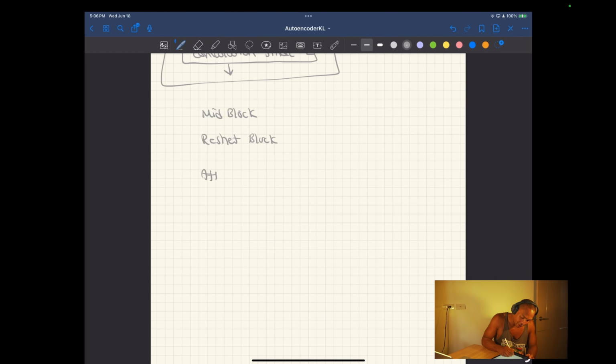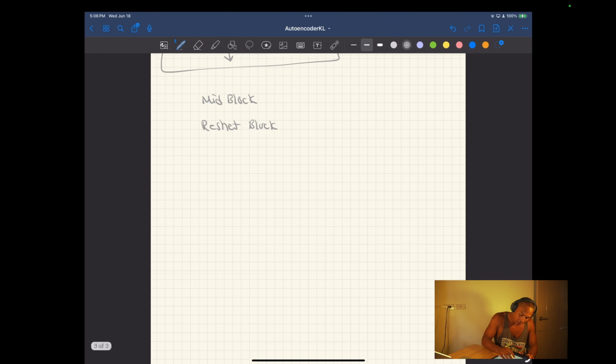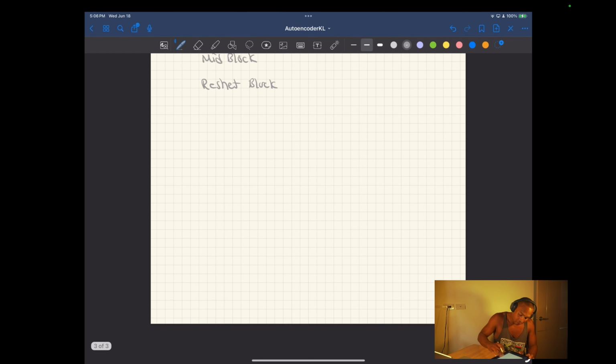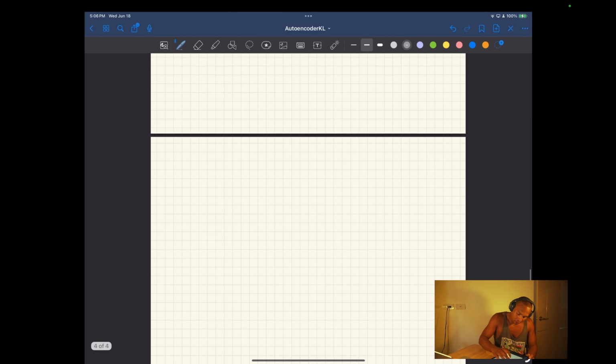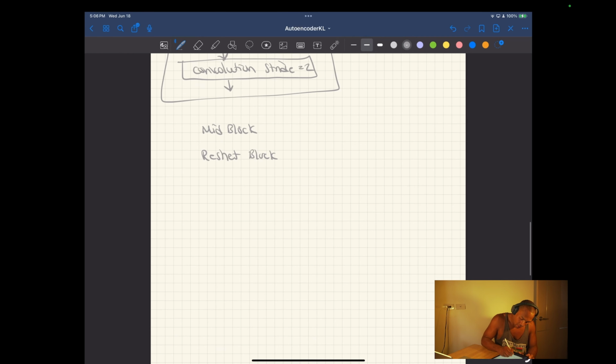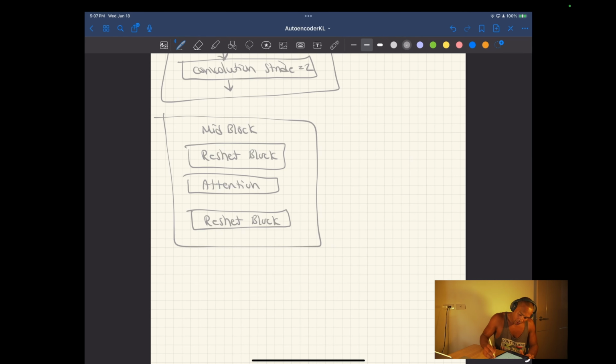It's subtle, but it's important. So that's a mid block.